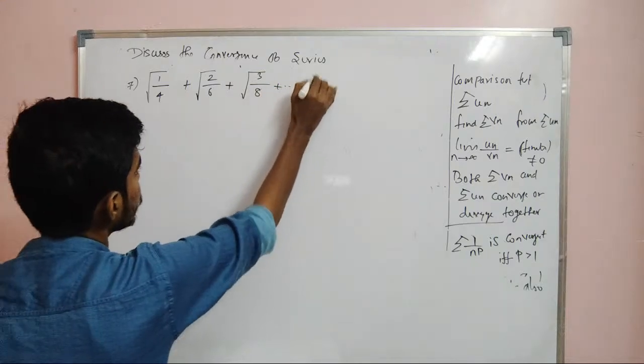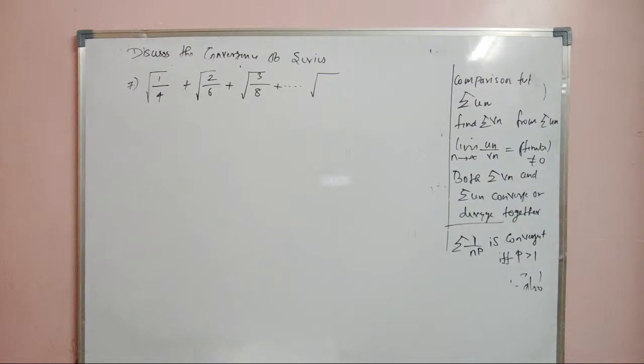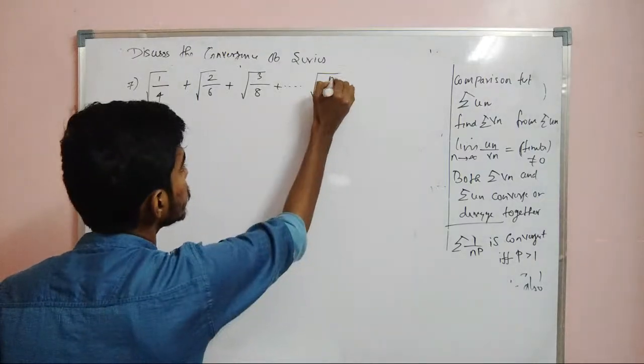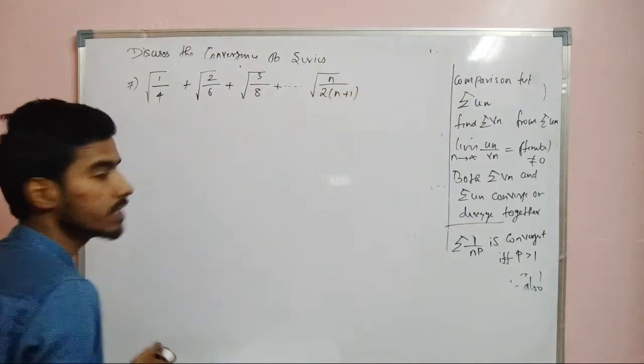They have also given the nth term. In the previous 6 problems, they haven't given the nth term. They have only given the first 3 terms and dot dot dot. Now they have also given the nth term in this problem, which is n by 2 into n plus 1. Right?